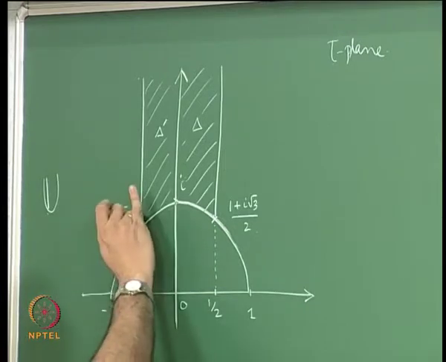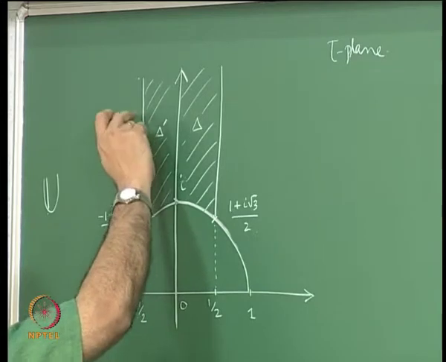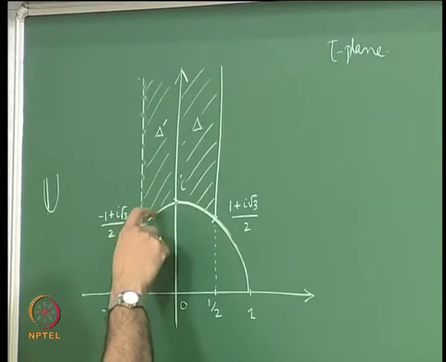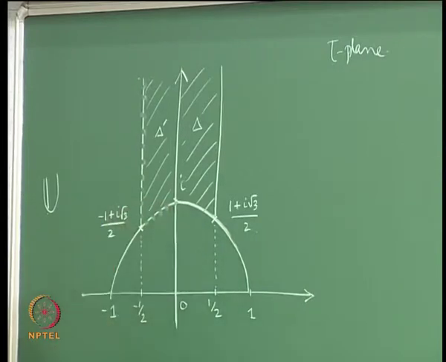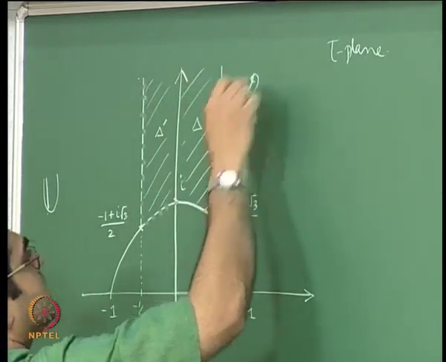So maybe I'll just make it a dotted line, so this is not included and this is not included.